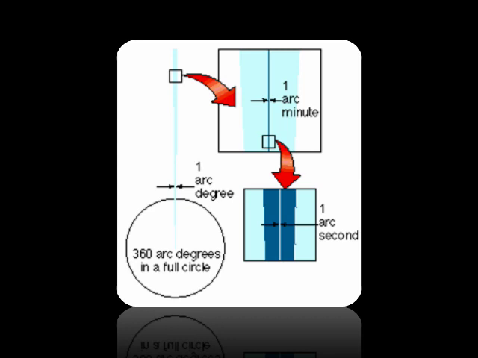If I zoom in on that, the square that's on the upper left, I see 1/60th of that arc degree, which is then 1 arc minute. Zooming in again, 1/60th of that arc minute is 1 arc second. So I find that an arc second is an angular measure that's so fantastically small that I cannot even draw it on my diagram of the 360 degree circle.